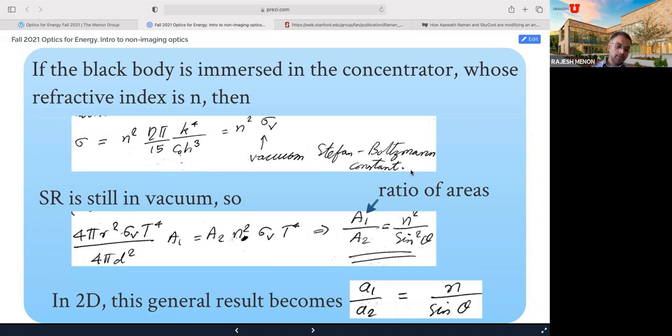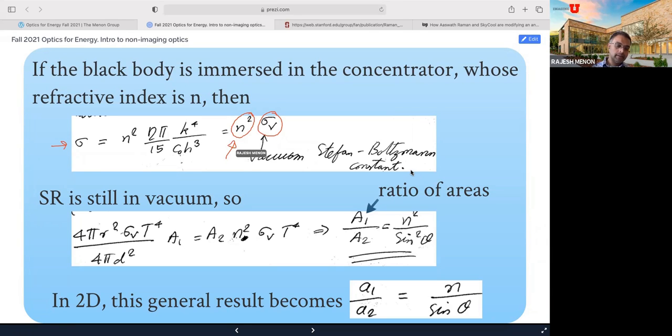So just to see this, the expression for the Stefan-Boltzmann constant is relatively complicated, as shown here. Of course, you don't need to know it, but the fact is that you can write this as n squared, where n is the refractive index, multiplied by sigma v, where sigma v is the Stefan-Boltzmann constant in the vacuum. So this n squared is what we're most interested in.